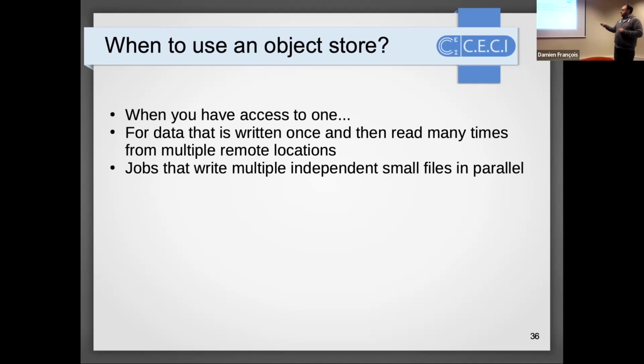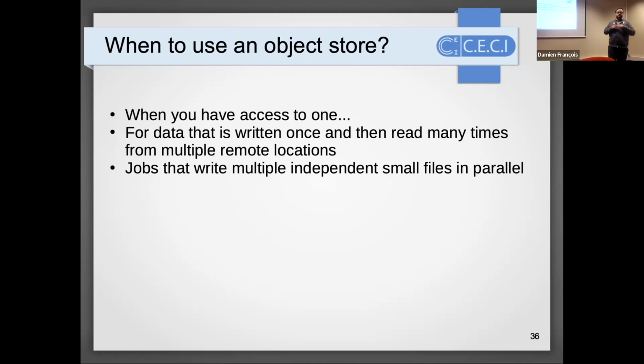Also, if you have jobs that write multiple independent small files in parallel, as I said earlier, it's a bad use case for a file system. But for object stores, it works well. The nice property of object stores is that they have fewer constraints on the level of synchronization they need to offer the user.